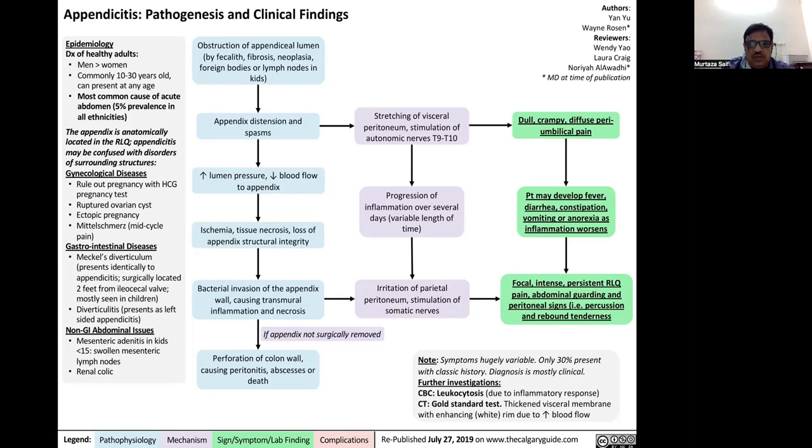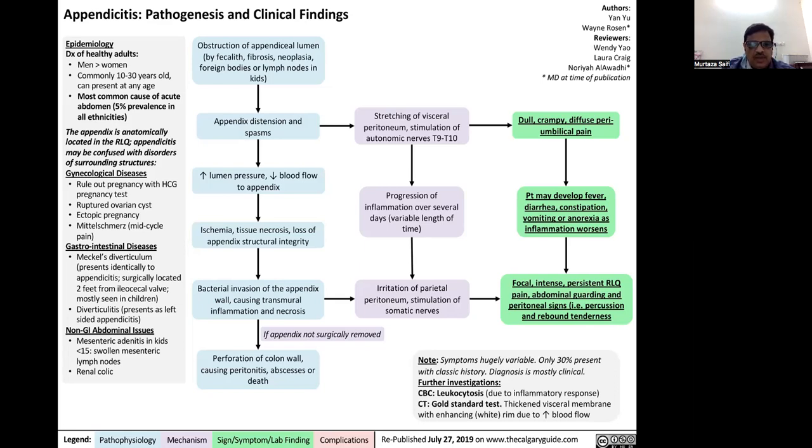It causes progression of inflammation over several days, of variable length of time, causing irritation of the parietal peritoneum and stimulation of somatic nerves. Appendix distension and spasm increase lumen pressure and decrease blood flow to the appendix, causing ischemia of tissue, necrosis, and loss of appendix structural integrity.